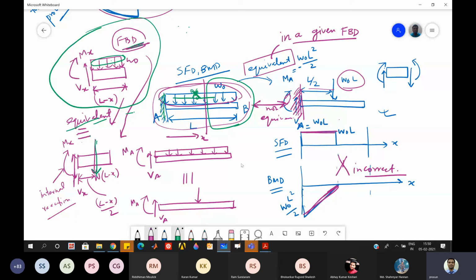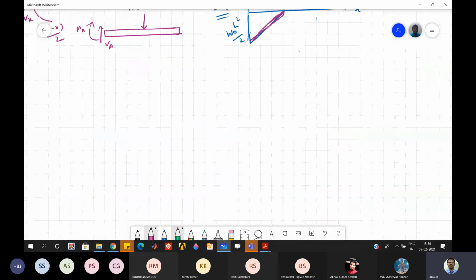make this uniformly distributed load an equivalent point force by putting a resultant force acting at the centroid of the area. So here, for a rectangular load it is at the middle, but if you have a triangular load, then it is at the centroid.